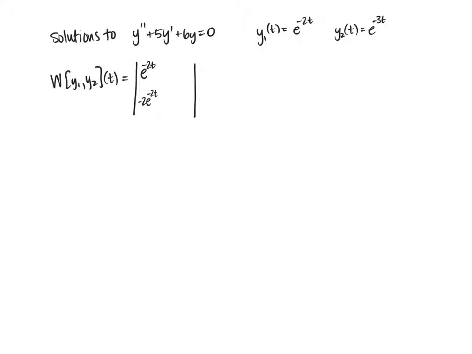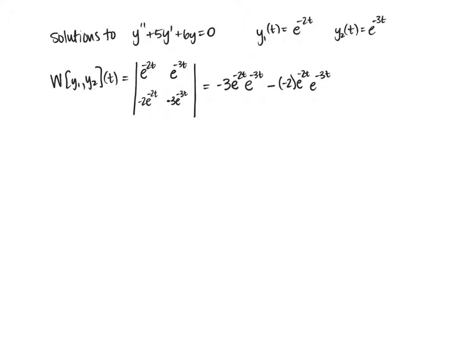And then I'll put y2 here, e to the minus 3t, and the derivative of y2 is negative 3e to the minus 3t. And if I compute this determinant, I'll have negative 3e to the minus 2t, e to the minus 3t, minus negative 2e to the minus 2t, e to the minus 3t.